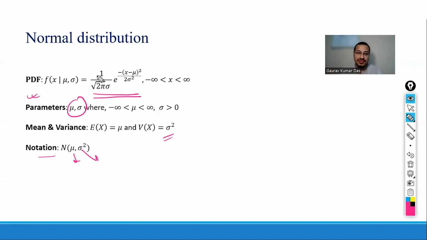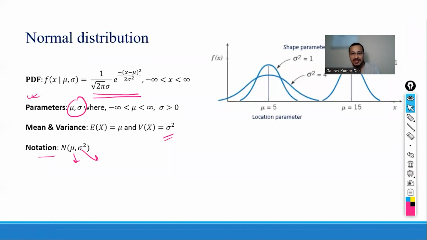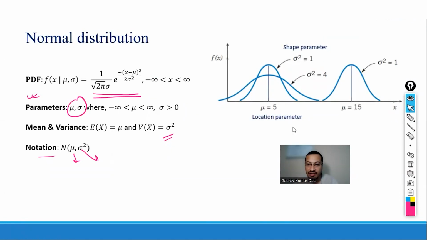This is just to show you the complexity inside the normal distribution. The distribution seems so simple, but if you look at it, the derivation, especially the equation, is not that simple. Now, if you look at this, it will give a fairly good idea of how the mean and the standard deviation affect the shape of the normal distribution. Here sigma squared equals 1, which means the variance is 1.